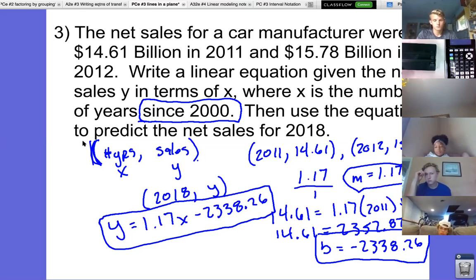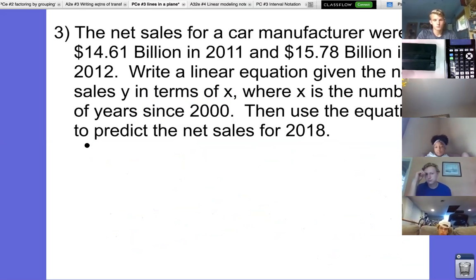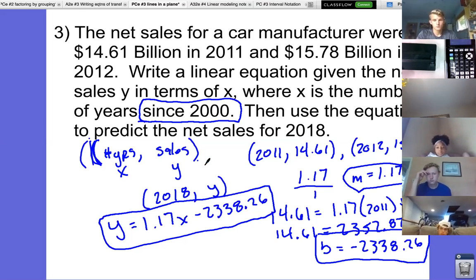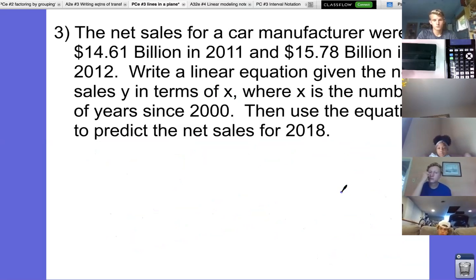I still have my x is still going to be number of years. My x is still years. It's fine. That's since 2000. And my y is still cost. You'll get a similar answer, but look at how much more manageable this is. So years since 2000.